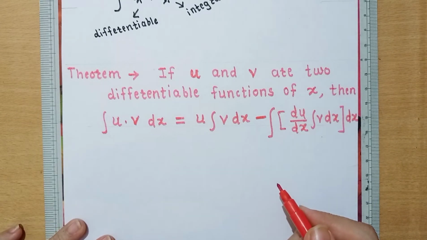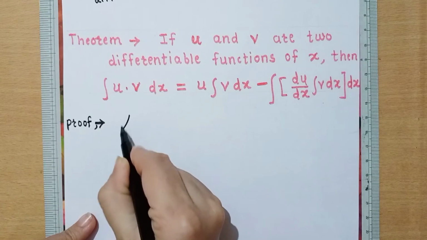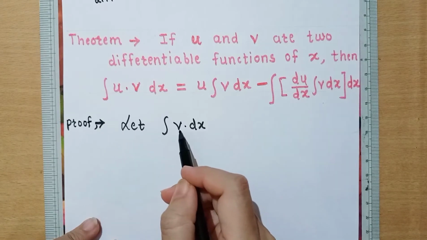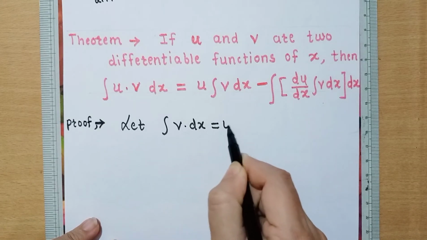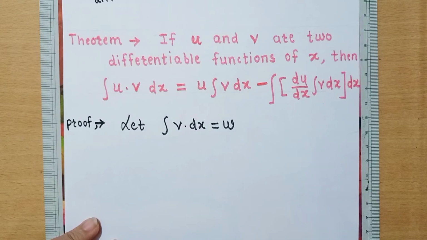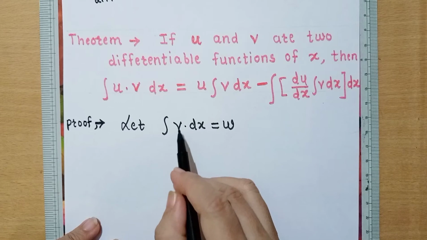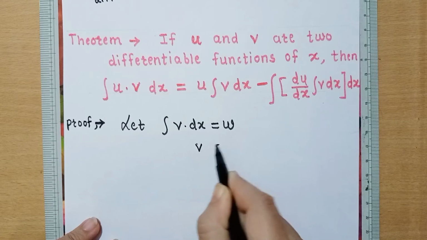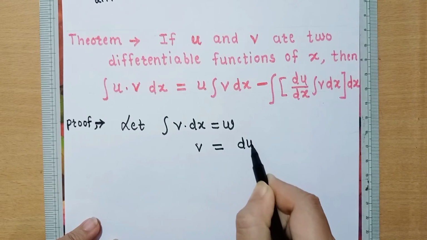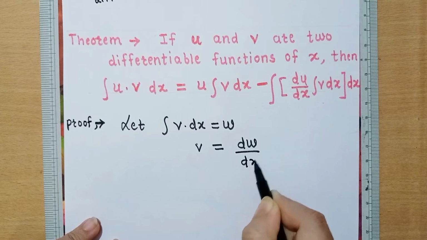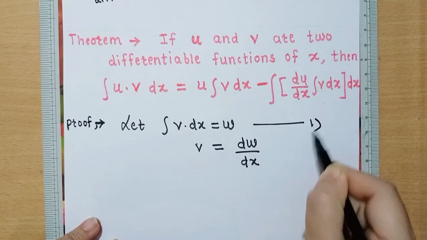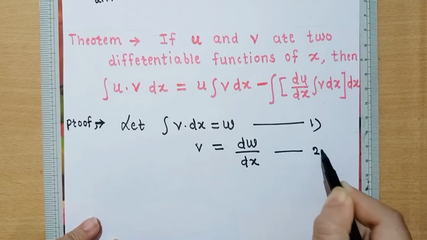So let's check the proof. Let the integral of v dx equal w. Now we know that integration and differentiation are opposite processes, so v equals dw by dx. Say this is equation number 1 and this is equation number 2.